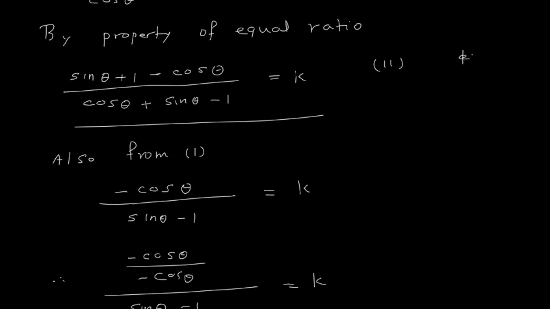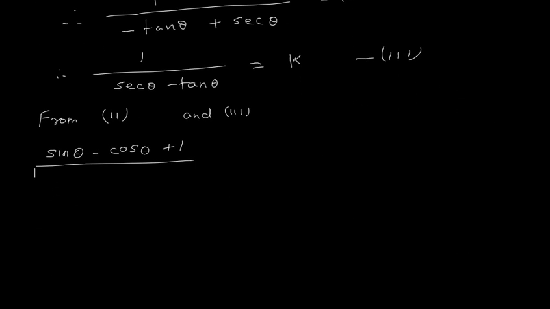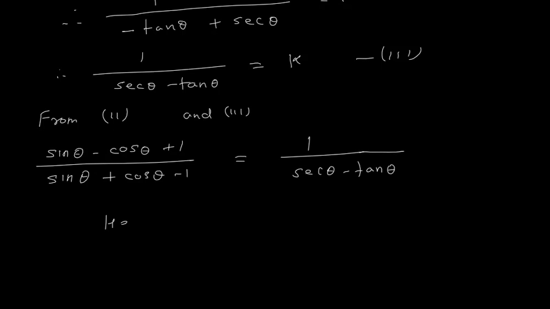So the denominator is sin theta plus cos theta minus 1. This is equal to 1 upon sec theta minus tan theta. Hence we have proved what we had to prove.